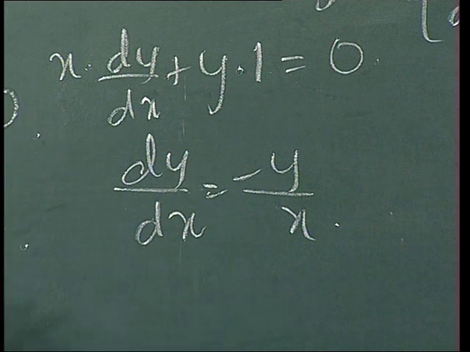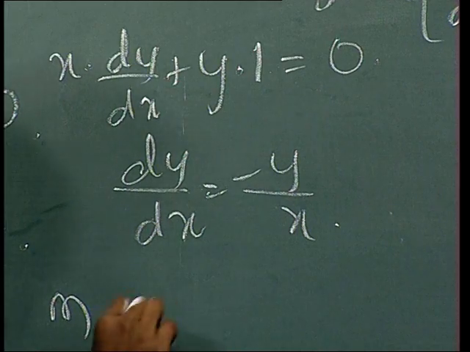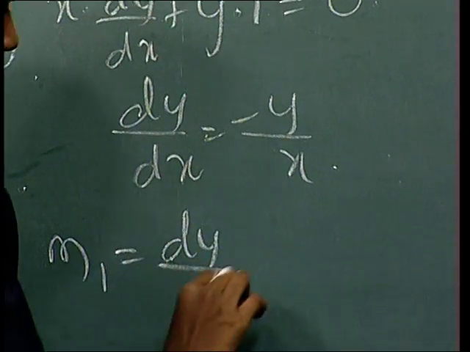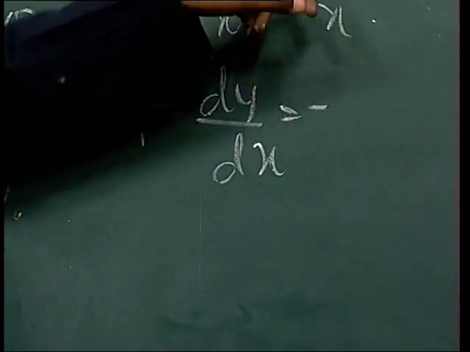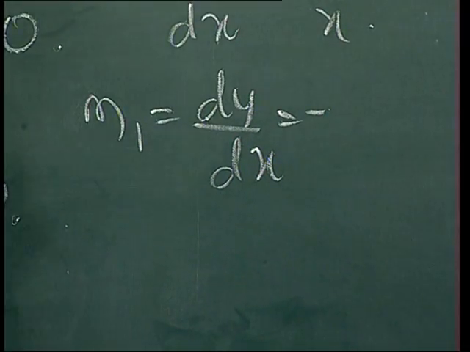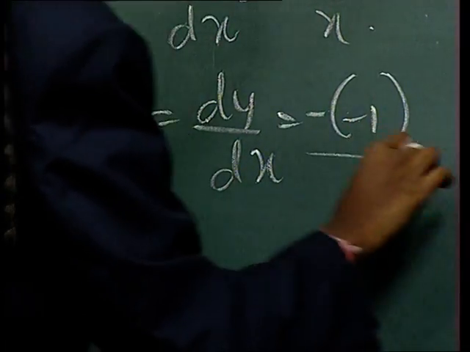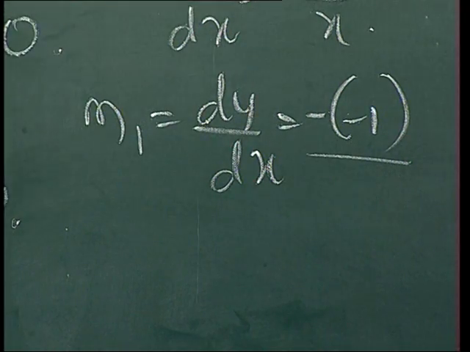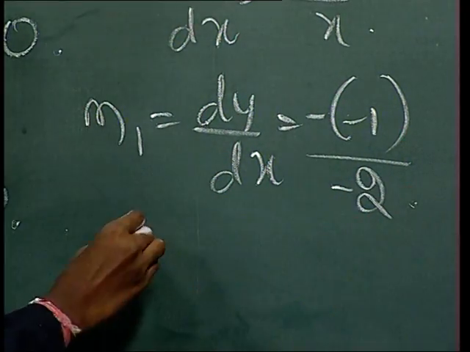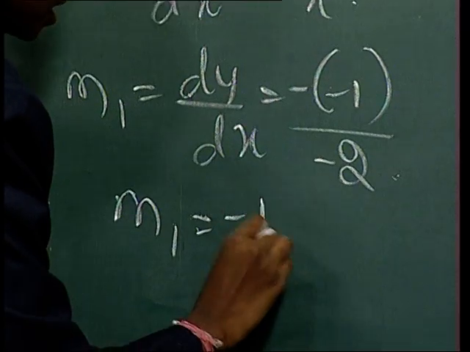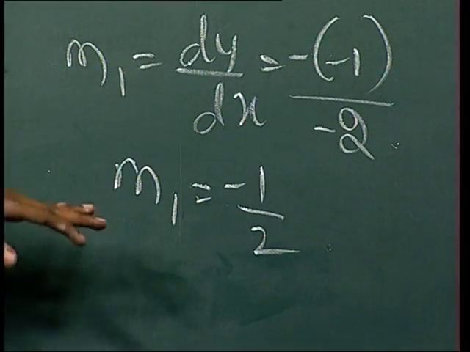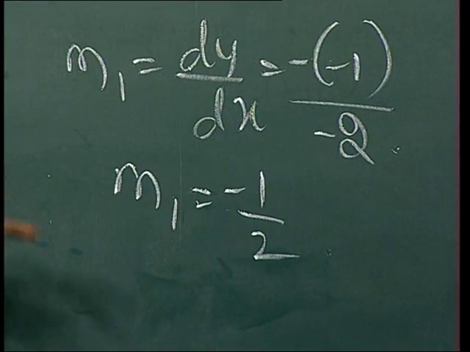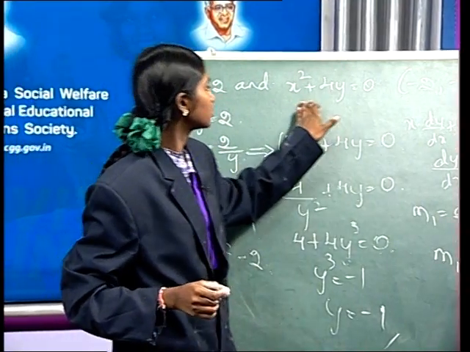So at the point, m1 = dy/dx = -y/x, and y is -1, so minus of -1 by x, which is -2. So m1 is nothing but -1/2, right, friends.